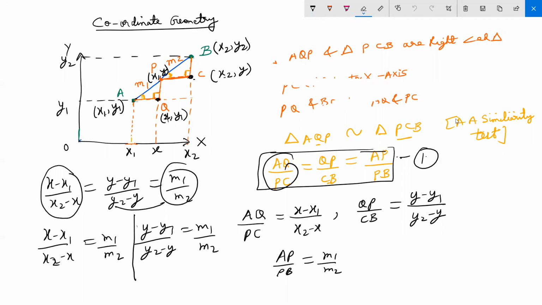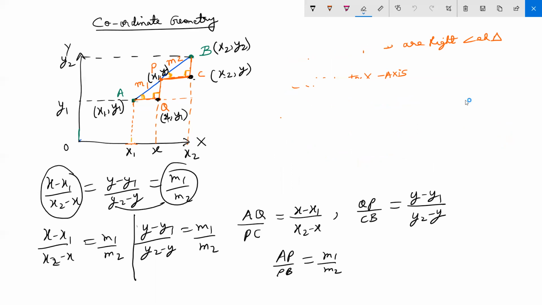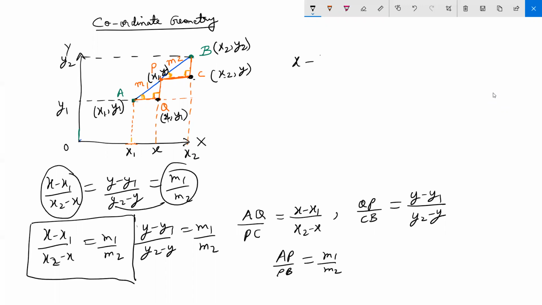So here when I take these two ratios, by transpose or by cross multiply, you can say that m2 into x minus x1.